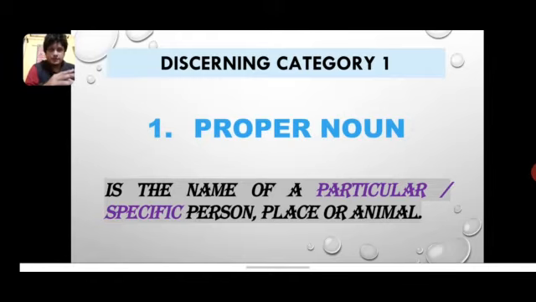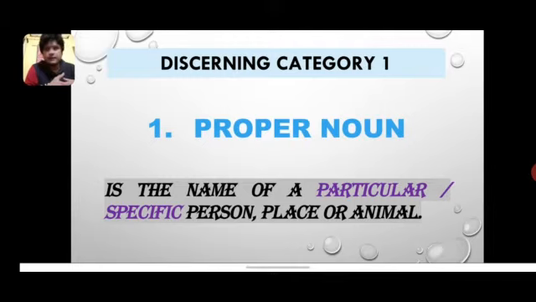Here I am giving you the most basic definition of proper noun. Proper noun is the name given to a particular or specific person, place, or animal. If you can see here, I have not introduced the word thing here, person, place, animal, or thing. Why? If I say I have a pen, it is a thing, an article, a non-living thing. I cannot give it a name, though it's totally up to me.